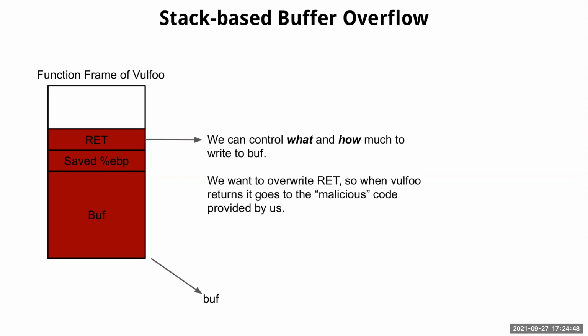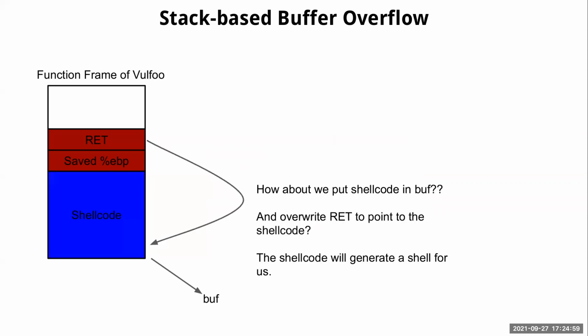And so far, we're not really utilizing these parts, right? All we have been writing to these parts is just garbage. We don't really care about that. So we can actually utilize that by adding some code here. This is called a code injection attack.